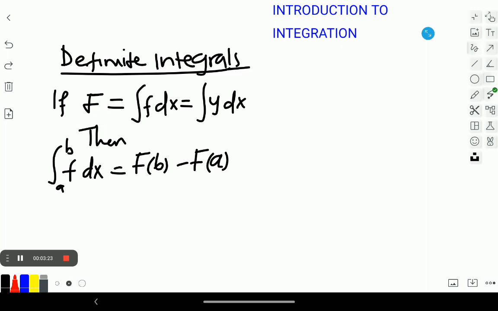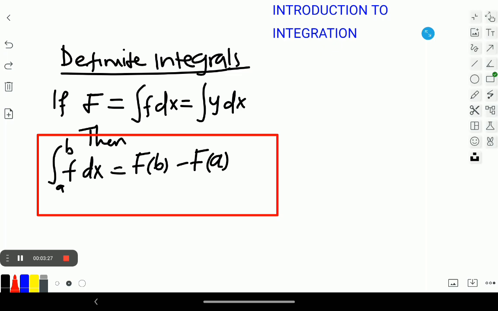Then we can get the solution if given integral limits, like from a to b. The integral of f from a to b is equal to capital F as a function of b, minus capital F if we substitute a. So let us look at examples.